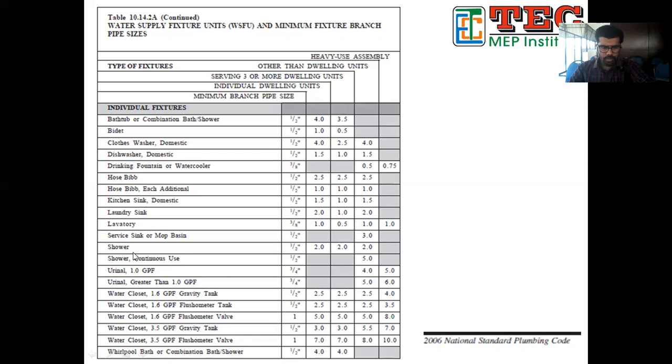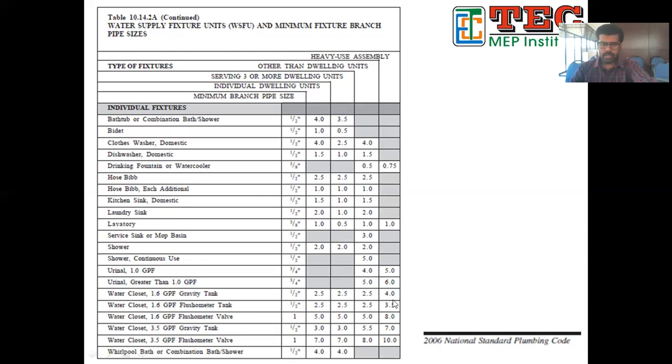Then shower fixture unit is 2, lavatory is 1, kitchen sink is 1.5. The minimum pipe sizes are also given: ½ inch, ½ inch, ½ inch, 3/8 inch, 1 inch, and so on.